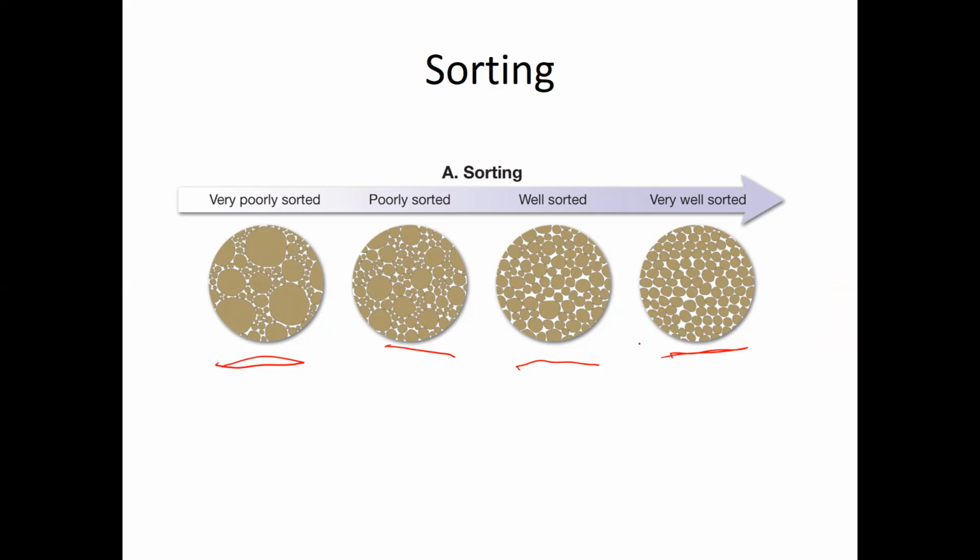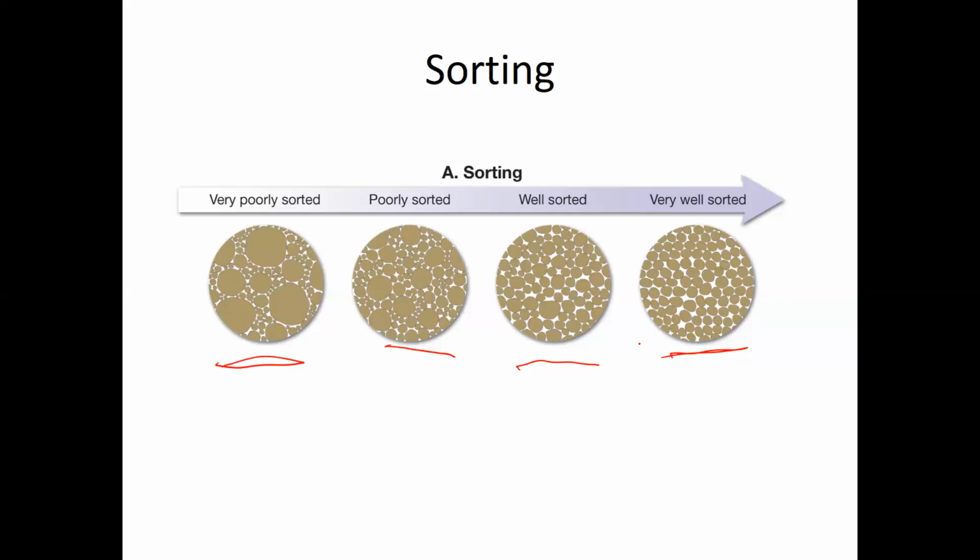So how do we get these different types of sorting? Well, in general, the more energy involved, the more poorly sorted the sediment is. So for example, a glacier or fast moving water, like fast moving water coming down the side of a steep mountain, those are high energy and they are going to deposit poorly sorted sediments. Where very low energy, like some wind or slow moving water, can only transport smaller particles of sediment, and so they deposit sediment that is well sorted.